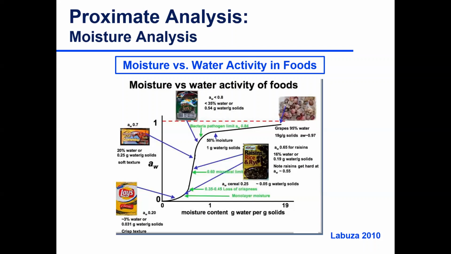So with small molecules, we can do a very good job reducing water activity and having a good shelf life for the product. With large molecules, we have to have much less water. We have to be much drier than with sugar, sweetener, and other such products. So we really want to differentiate between the two. They can have almost the same moisture content and have two very different water activities, because it depends on what the solid material in there is.